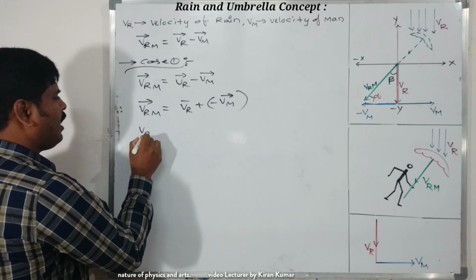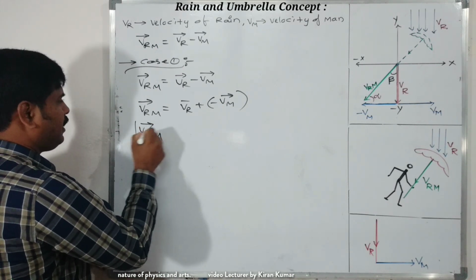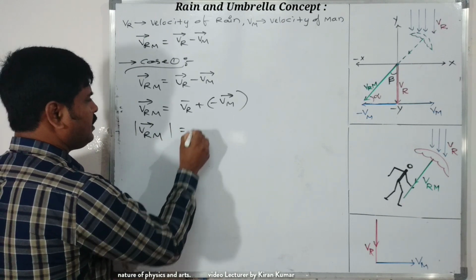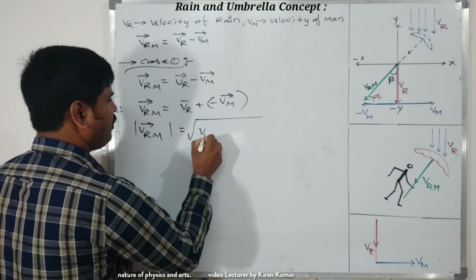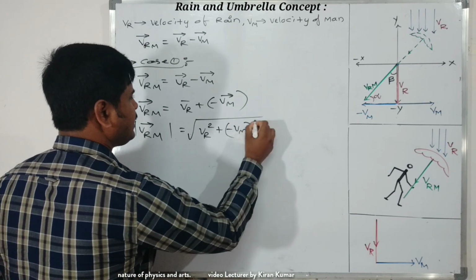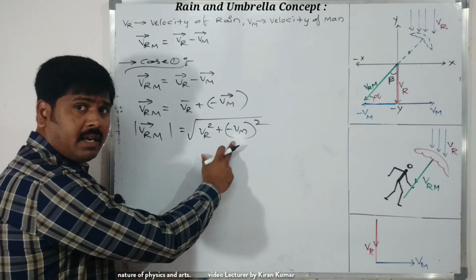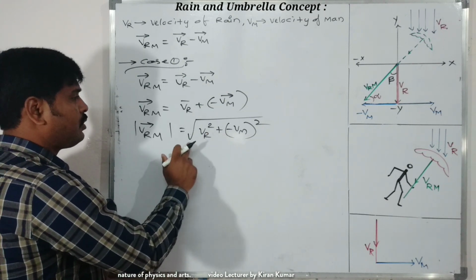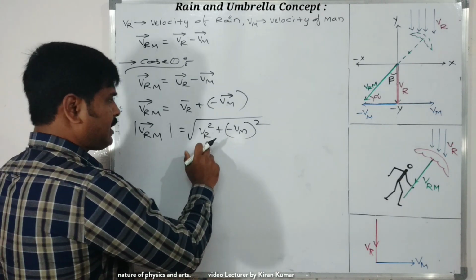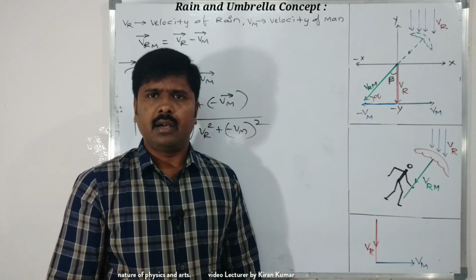Writing the magnitude now, Vrm is root over Vr square plus Vm square. Diagonal square is equal to side square plus side square, so diagonal is equal to the square root of side square plus side square. Try to understand.